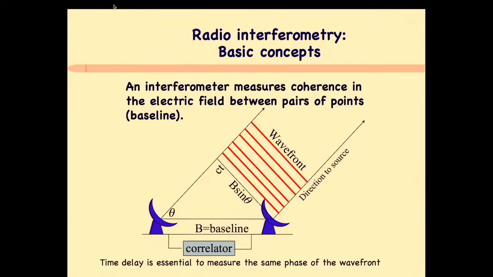So you have this plane wave coming, and it hits this telescope at a certain angle before it hits the other telescope. So if you want to correlate these two, you have to remember that the wave you are correlating hits this one before that one by a tiny amount, right? But that's important.